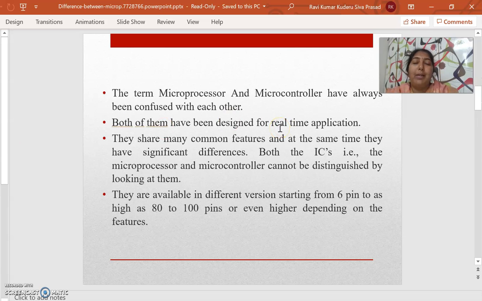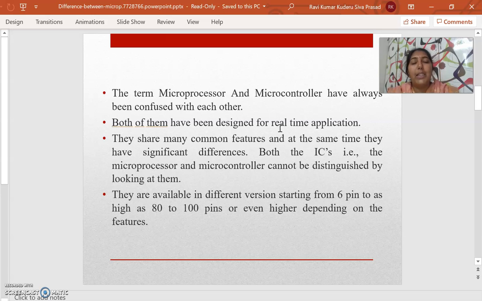Whenever we hear the term microprocessor, automatically the term microcontroller comes into our mind. First of all, these two, microprocessor and microcontroller, are designed for real-time applications, and they have some common features, and at the same time they have differences.